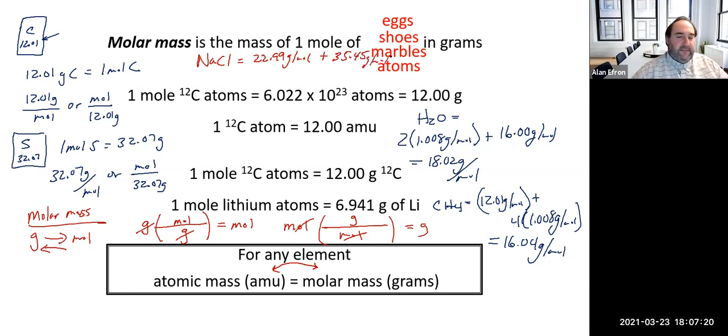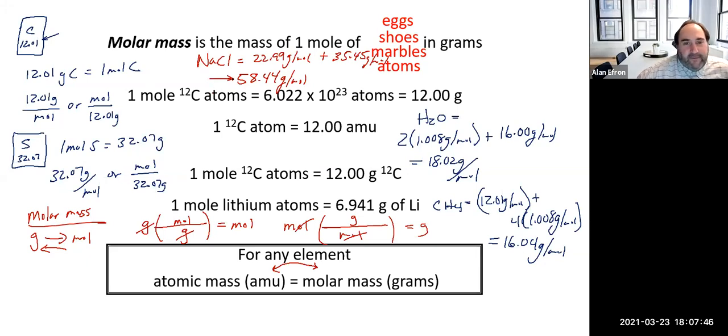That will get you something like 58.44 grams per mole. What did it say? 58.44. There it is. 58.44 grams per mole.